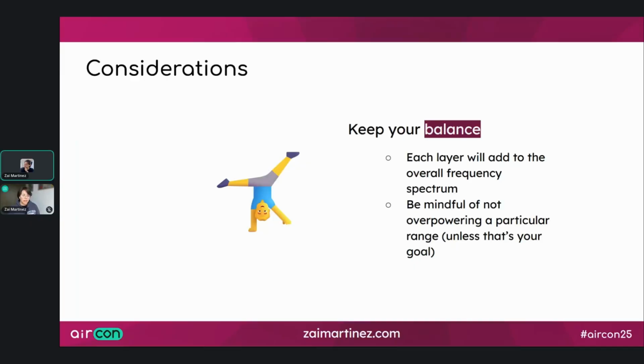It's just that I try to avoid overpowering one frequency range. So I try to distribute things a little bit better in the spectrum. Of course, I'm going to have a little bit more information in the highs or in the mids or in the lows, but I do want to compensate for that as well.